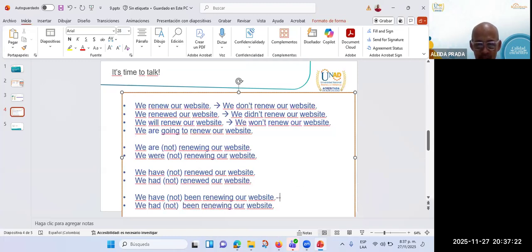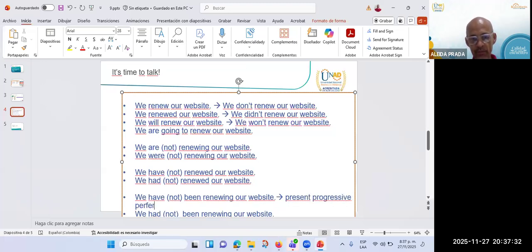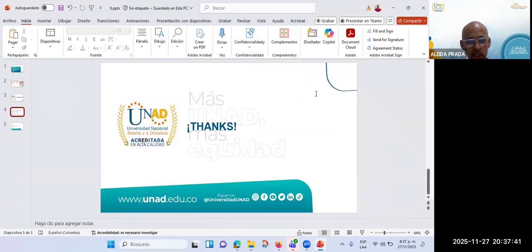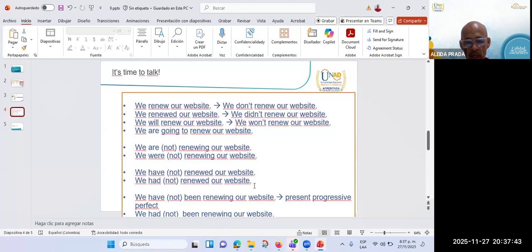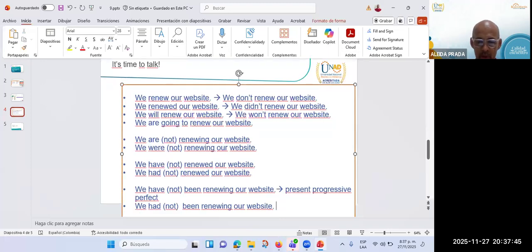These tenses in English, the name of the tenses, this is present progressive perfect. And this one is past progressive, or past progressive tense.